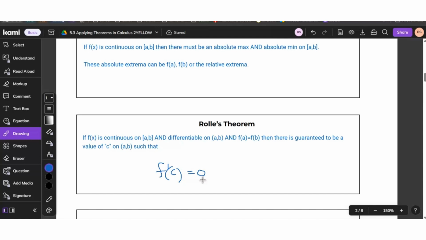In other words, there will be a critical point, like a max or min, horizontal tangent.